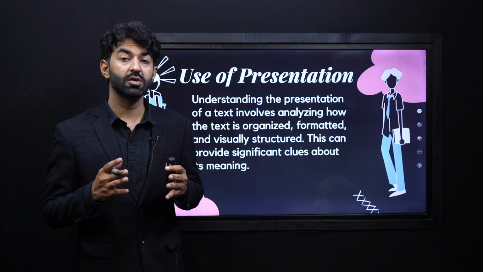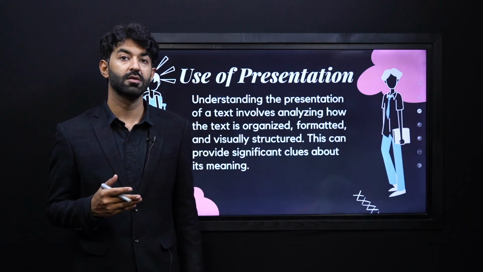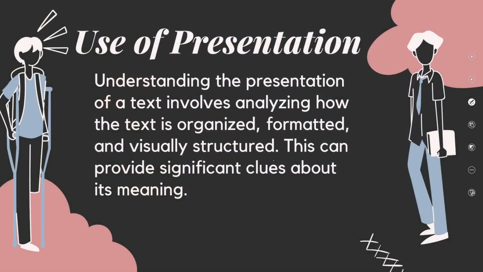Now let's talk about the third thing, which is use of presentation to identify and predict the meaning of any text. Understanding the presentation of a text involves analyzing how the text is organized, formatted, and visually structured. So, how the text is organized, formatted, and structured.